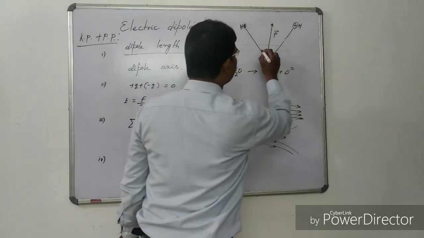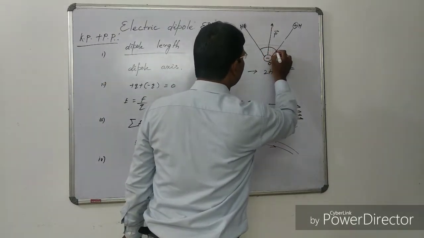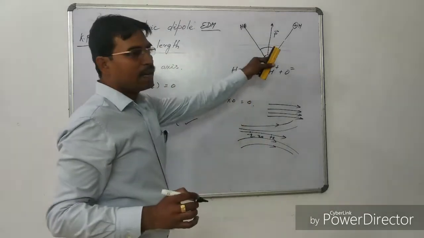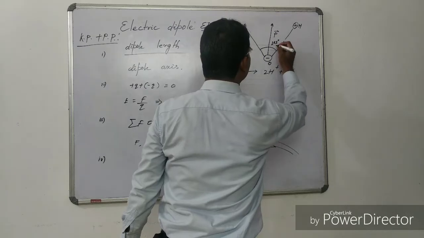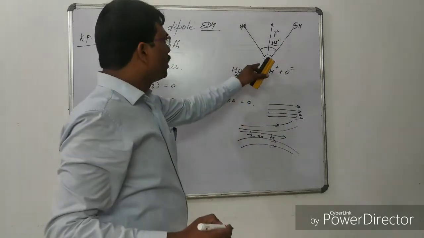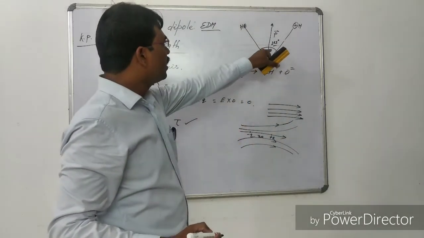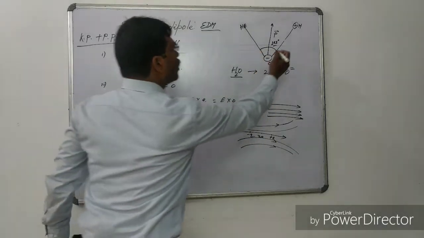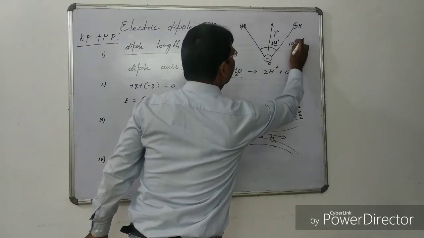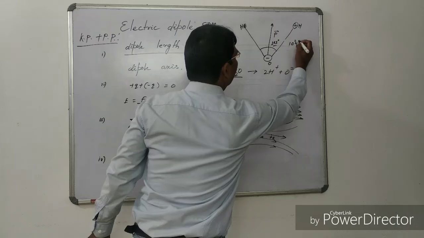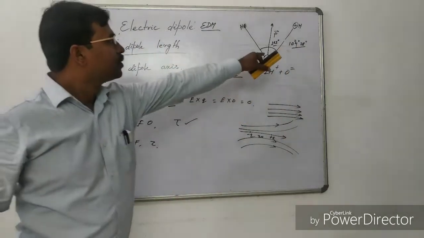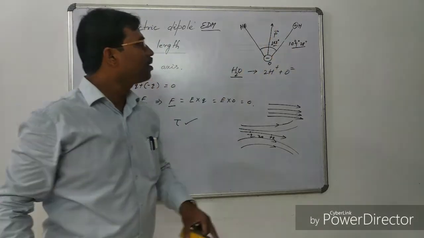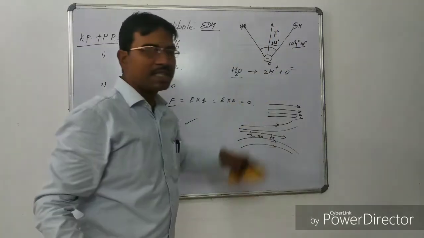But in case of water, the angle is how much? 105 degree. Actually it is 104 degree 28 minutes. We are considering this one 105 degree. Shape is V shape.